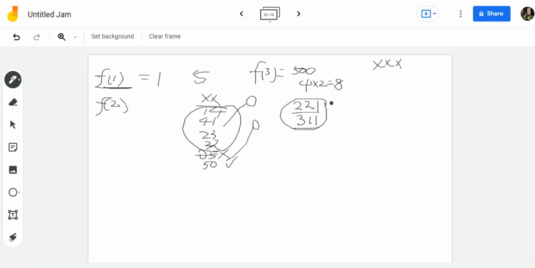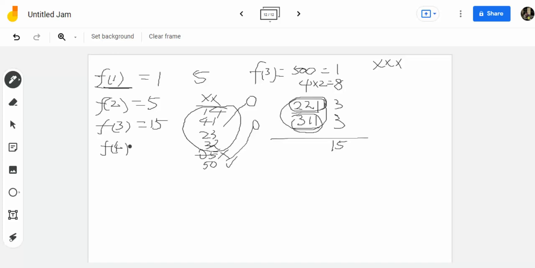This one is 3, because combined it would be 3. So add up, it's 15. Okay, so basically f1 is 5, and f3 would be 15.